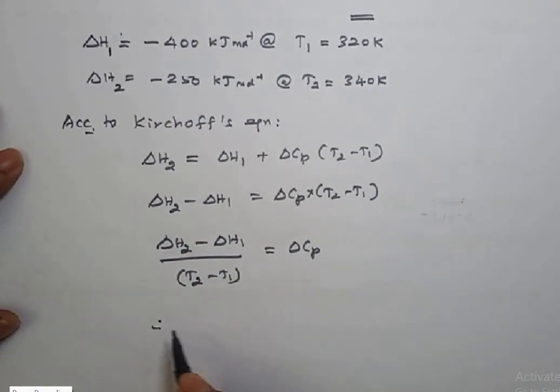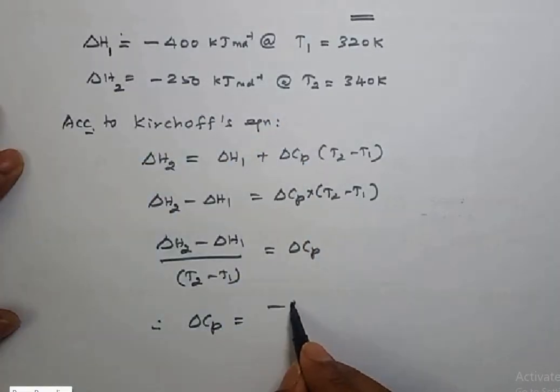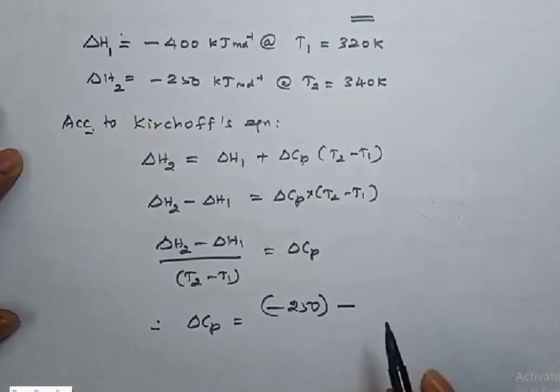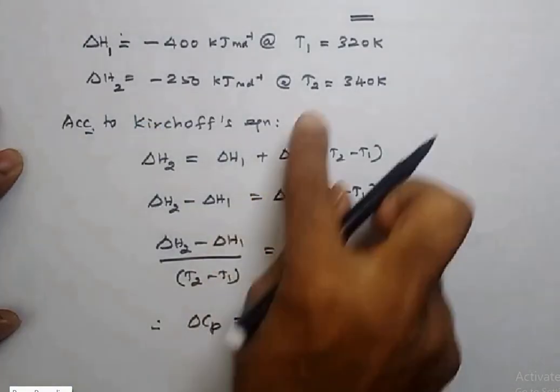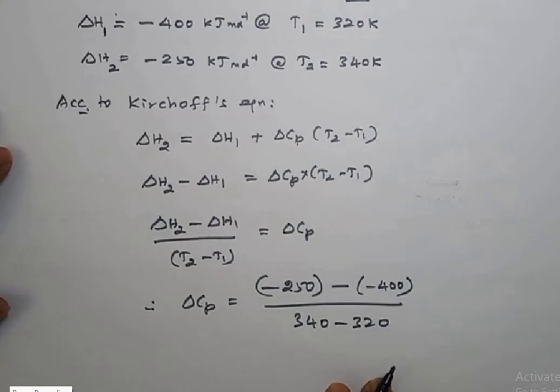So what is delta Cp? Delta Cp equals delta H2, which is minus 250, minus delta H1, which is minus 400, divided by T2 temperature, 340, and T1 temperature, 320.